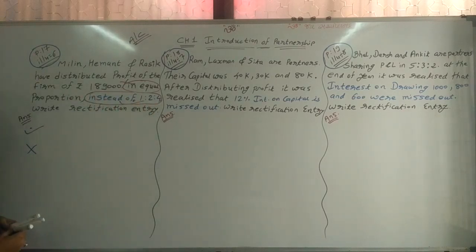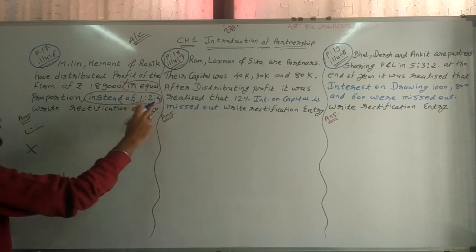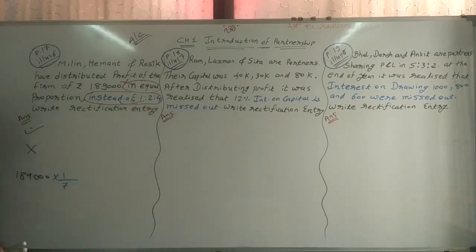So 1,89,000 into 1, the first ratio, divided by 1 plus 2 plus 4. 4 plus 2 is 6, 6 plus 1 is 7, so here we write 7.